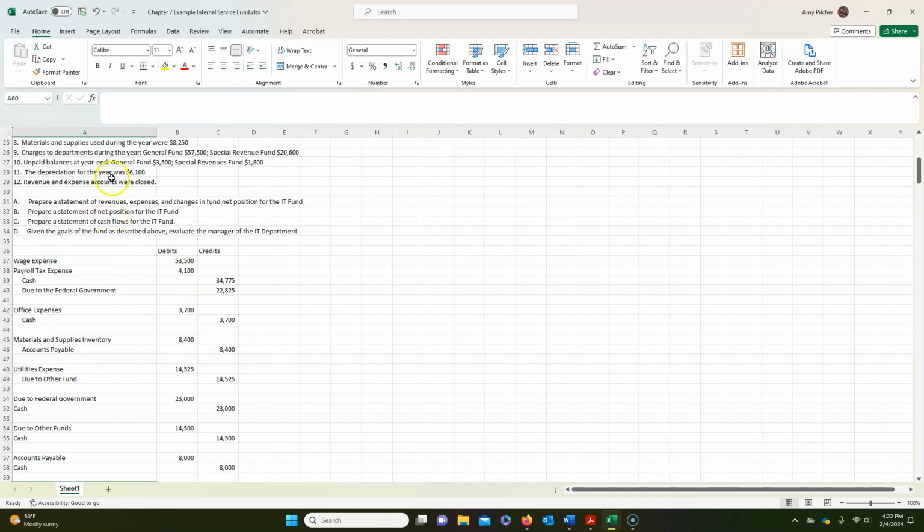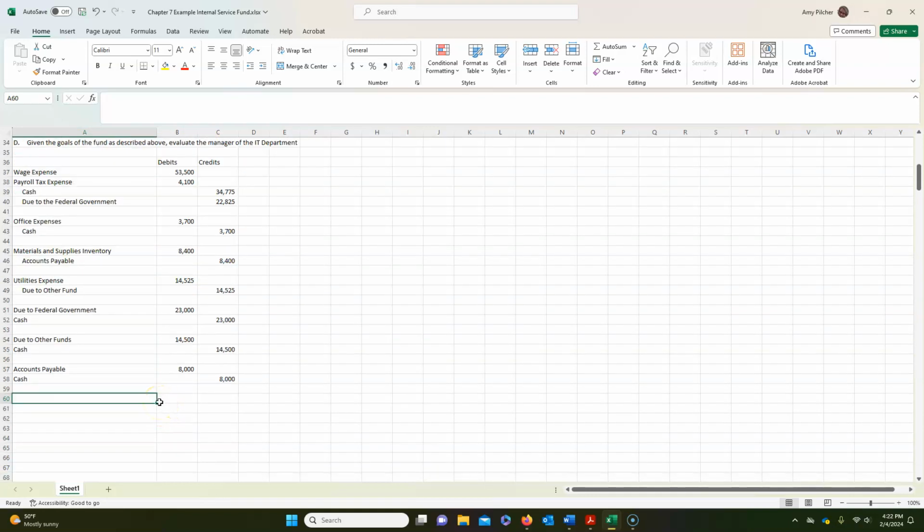Next, we have the materials and supplies used during the year. So we have cost of materials and supplies used, $8,250, and then we need to remove those materials and supplies from our materials and supplies inventory.